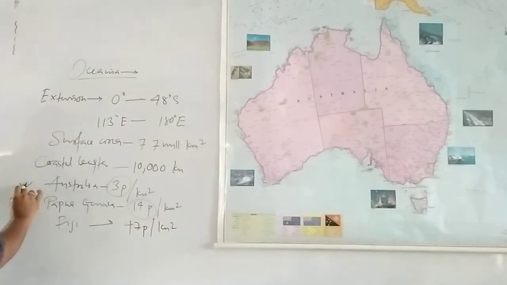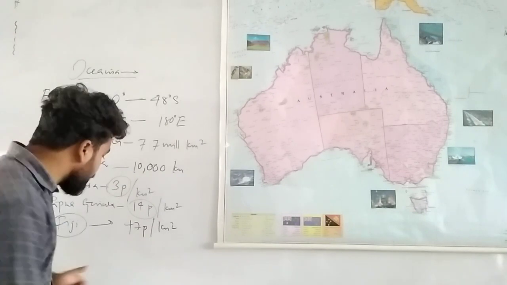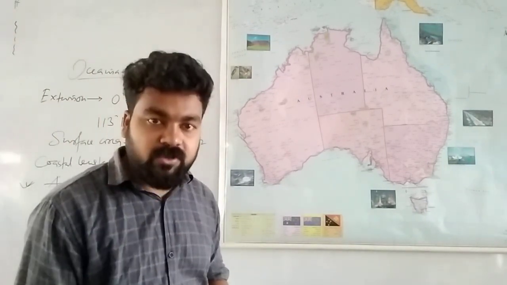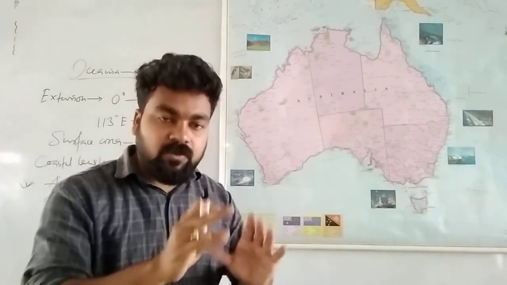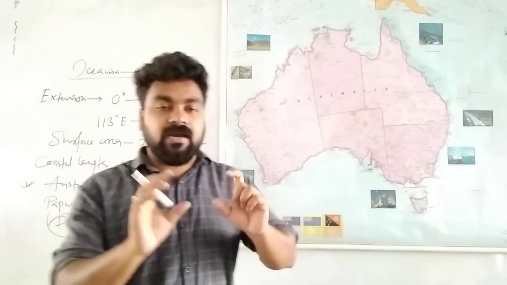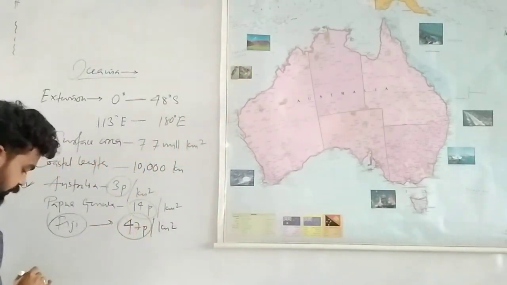You see, Australia is the largest country, Papua New Guinea is smaller, and Fiji is a small island. But why is the number 47? Because we are talking about density, not the total population. Within a small island, a small plot of area, there is scarcity of land, right? The island is very small. That's why so many people have to concentrate within the smaller area. That's why their number is 47.